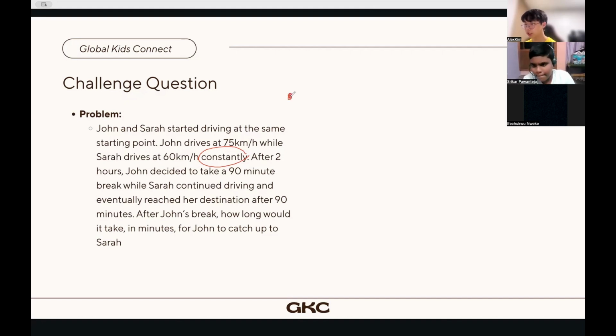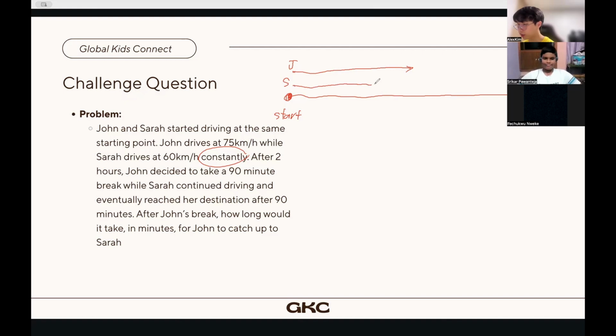Both John and Sarah start at the same point, and then there's a final destination point that they need to get to. So we'll write it as start and finish. John drives slightly faster than Sarah. If 2 hours pass, then John will be slightly further than Sarah.